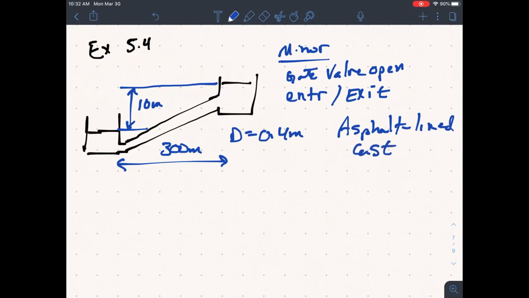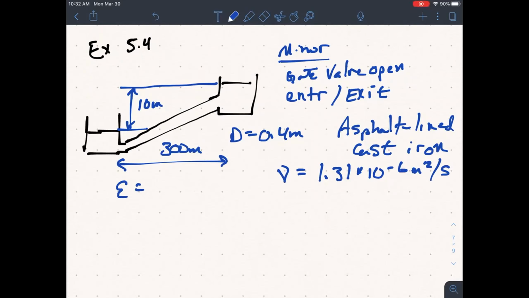I hope they don't use that anymore. That sounds terrible. And then our kinematic viscosity is given as 1.31 times 10 to the negative 6 meters squared per second. So we've got to look up all these, like our epsilon value based on that asphalt system. I don't have that in front of me, but we can look that up in our book.